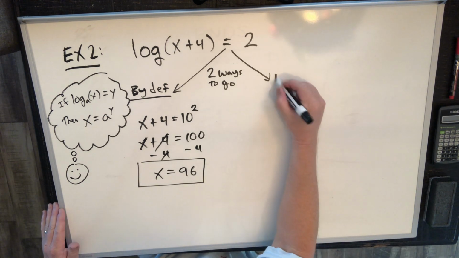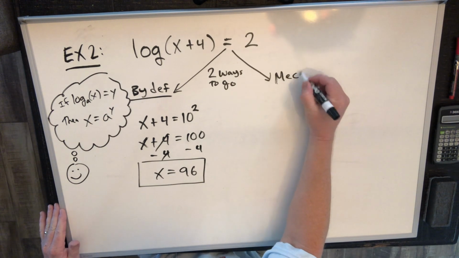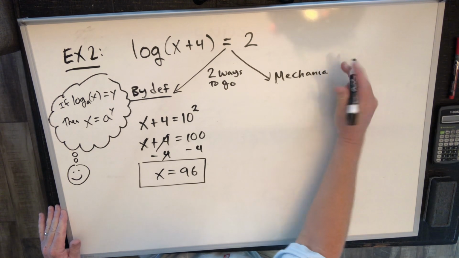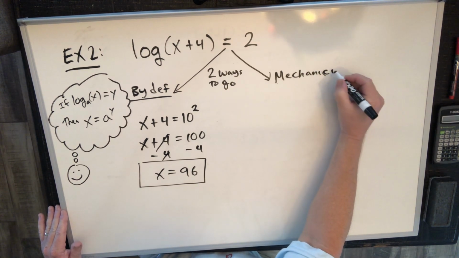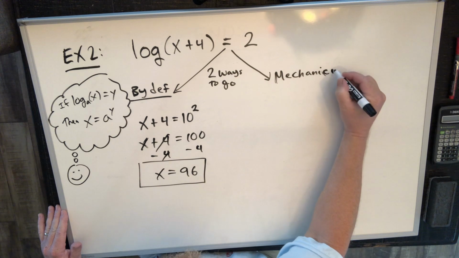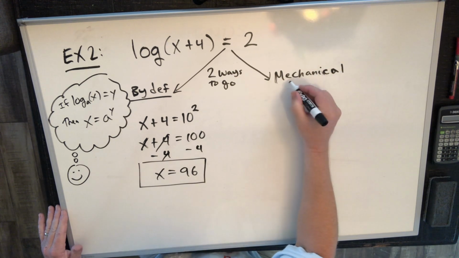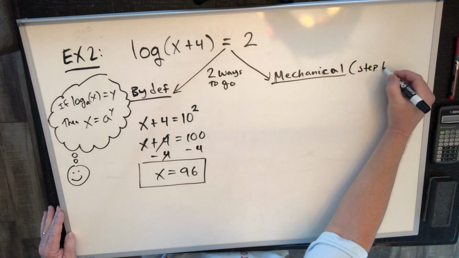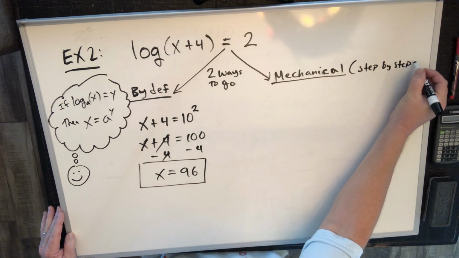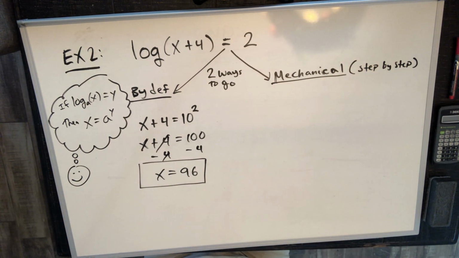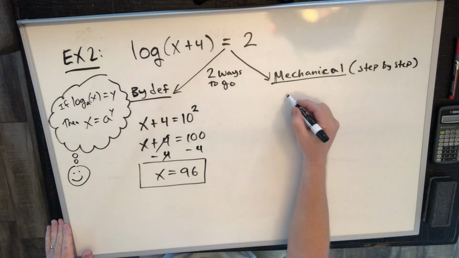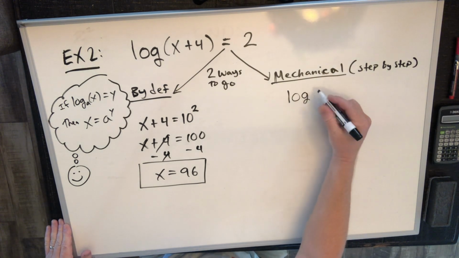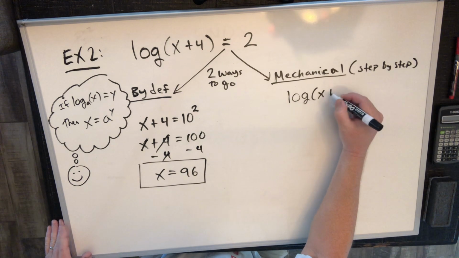Or you can do it mechanically. You have the mechanical method, which is really a step-by-step algorithm, or step-by-step procedure. So what do we do? We take the log, we identify the base.